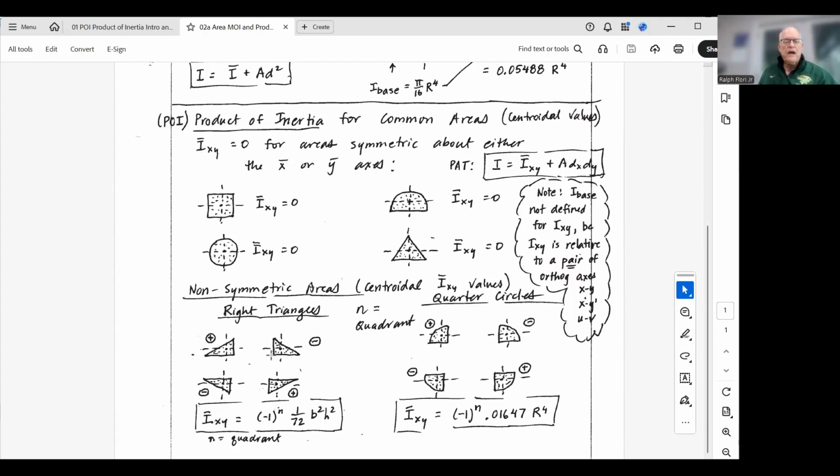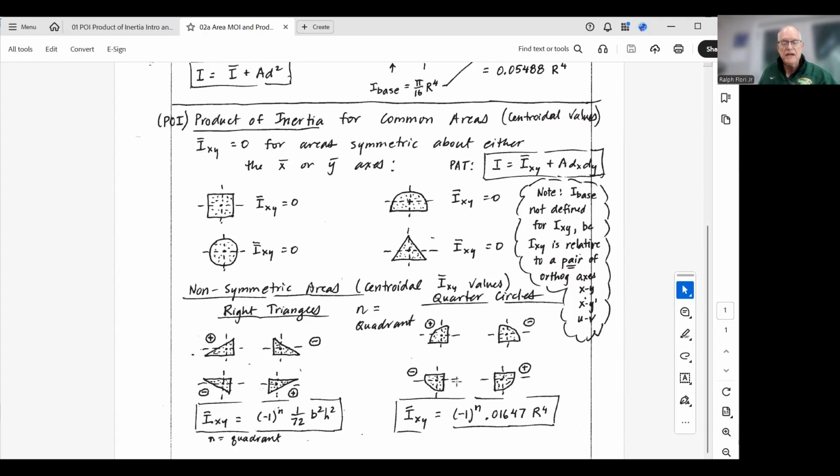A right triangle at this orientation will have a negative sign, and its value is 1 over 72 b squared h squared. At this orientation, it's negative. This orientation is positive. This orientation is negative, and this is positive. Again, these are centroidal I bars. For quarter circles, their centroidal I bars vary as well.